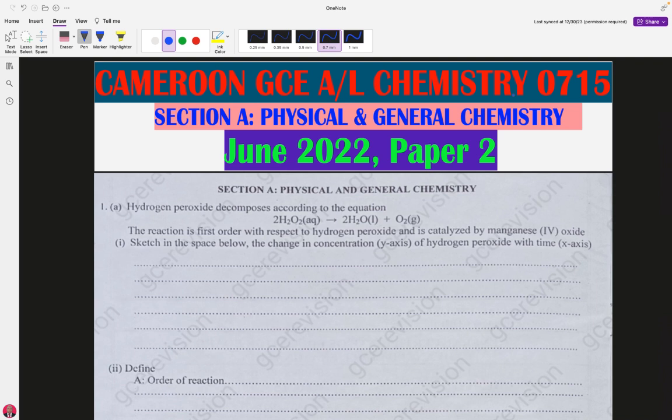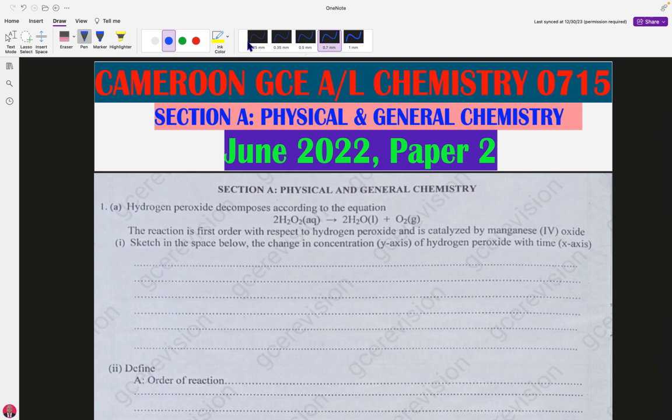You want to see the rate of a reaction based on the concentration. By changing the concentration of hydrogen peroxide with time, how is the rate going to look? Is it going to be first order, second order, third order? But now that they have said that it's first order, this is how it's supposed to look.